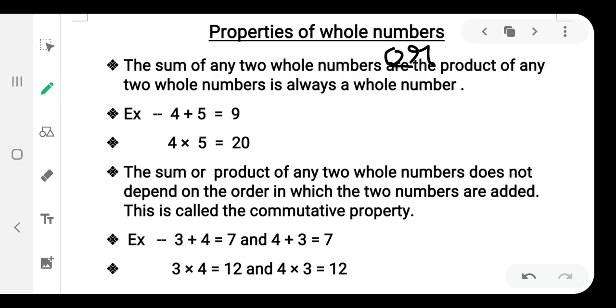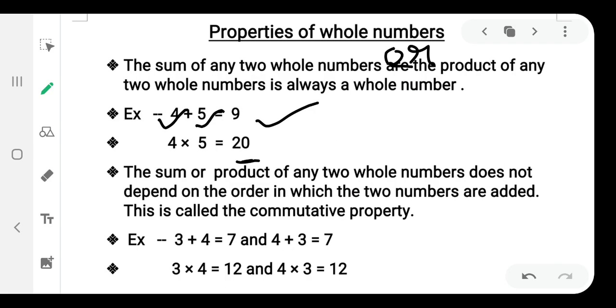Let's see the example. 4 plus 5 is equal to 9. So you can see here 4 is also a whole number, 5 is also a whole number. So on adding both these we are getting the number 9, which is also a whole number. Similarly, product means on doing multiplication the answer which we are getting is known as the product. Like here 20 is the product.